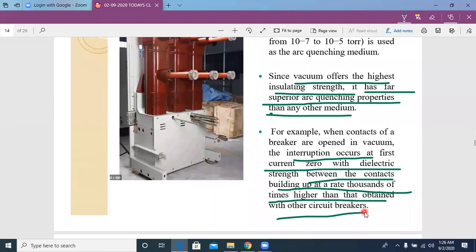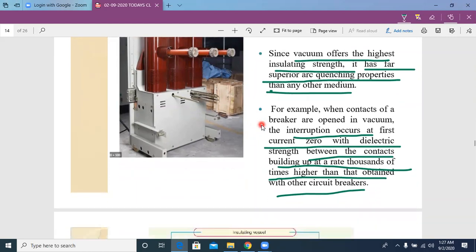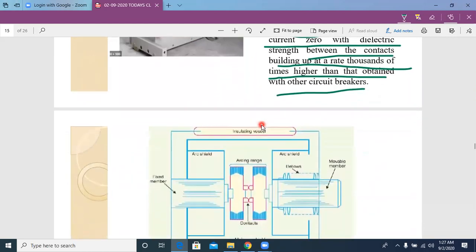That means the dielectric strength of vacuum is much greater than that of other mediums like SF6, oil or air. That's why we prefer vacuum.